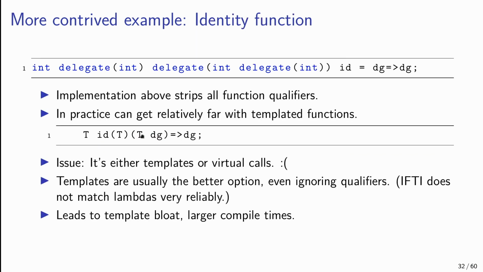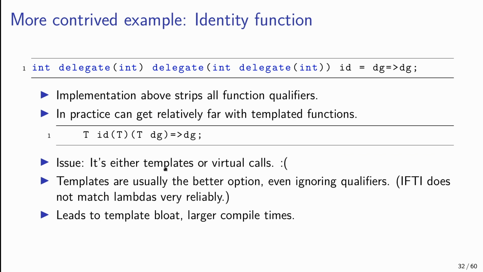In general, D is usually designed in a way that allows type checking the identity function. And in practice, you can get relatively far with templated functions. For example, this ID function here works, right? It will preserve qualifiers correctly on the delegate. The issue with templates is that it's either templates or virtual calls, so you have to decide.